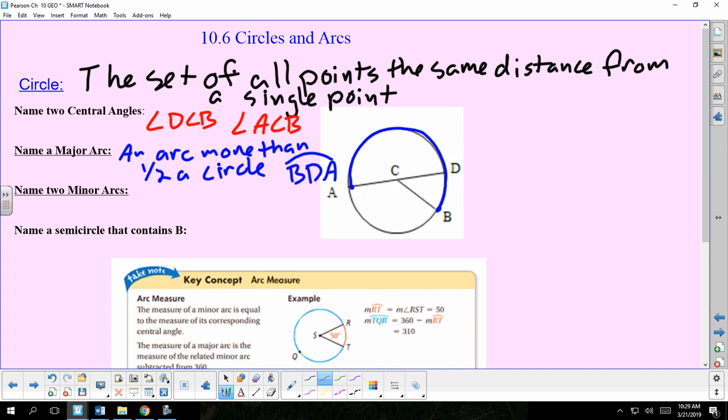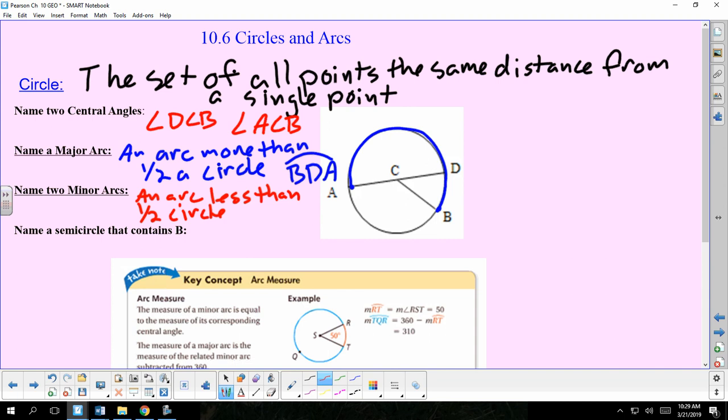And then a minor arc is an arc less than half the circle. And for minor arcs, we only use 2 letters. So here is a minor arc in red.